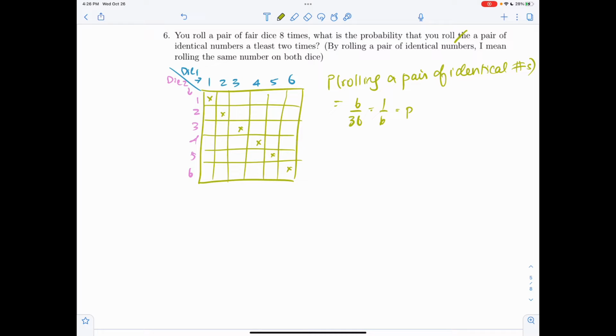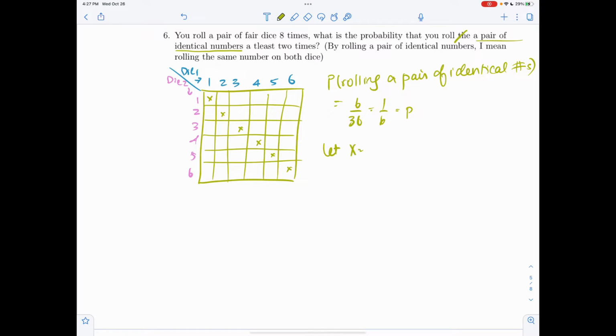You roll a pair of fair dice 8 times with the probability that you roll a pair of identical numbers at least 2 times. So what are you interested in? The number of times you roll a pair of identical numbers, right? So the random variable you're interested in is that, okay?